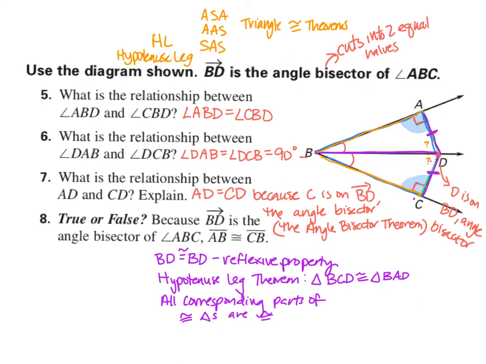So we can say that yes, AB is congruent to CB. So we can say that this is true, but it takes some effort here, doesn't it? It takes some understanding of some of your older congruence theorems from Math 2, I guess.